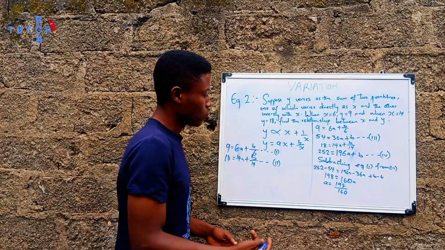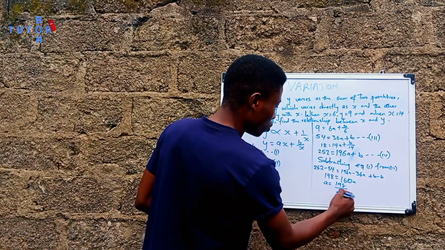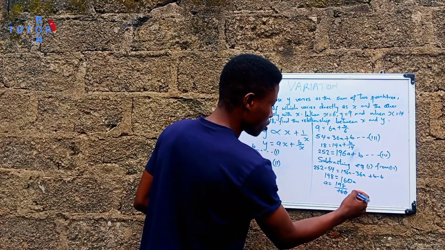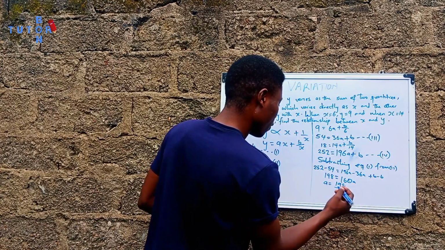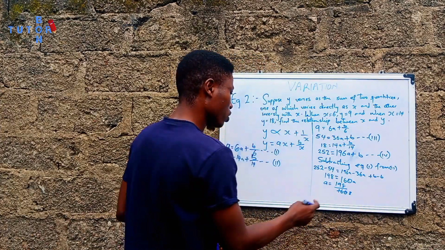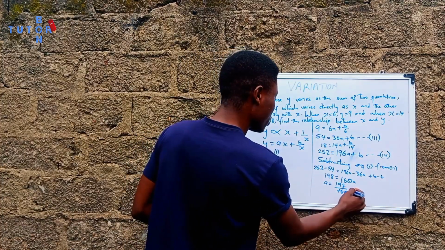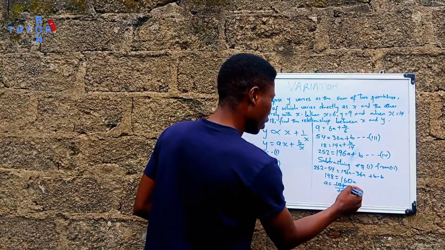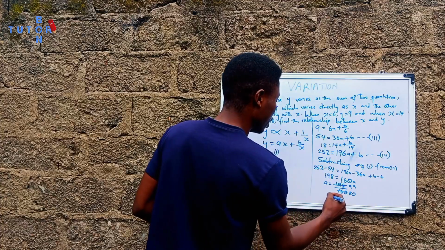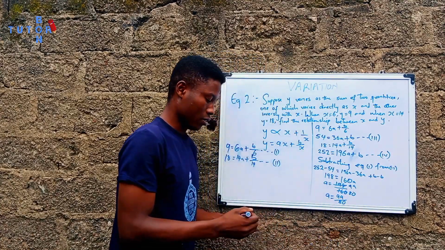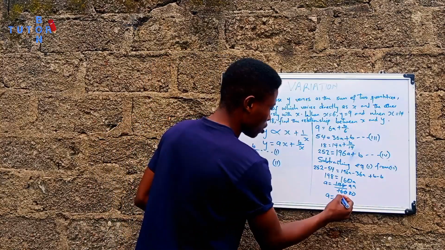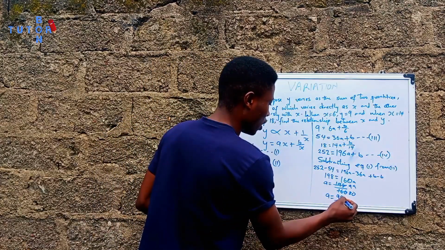And 2 goes into 160, that's 80, and 2 goes into 198, that's 99. Therefore, my a equals 99 over 80.